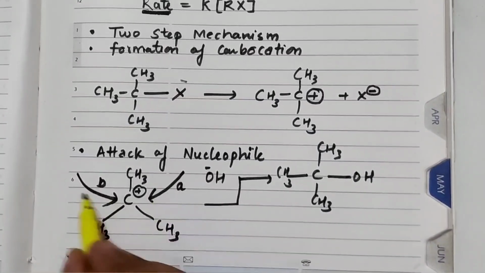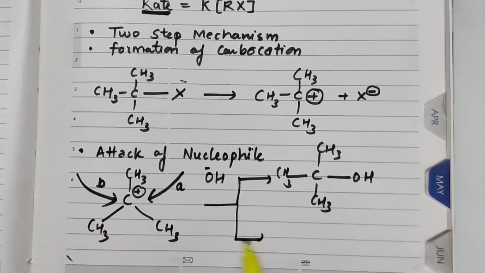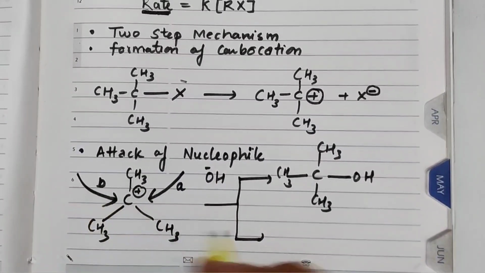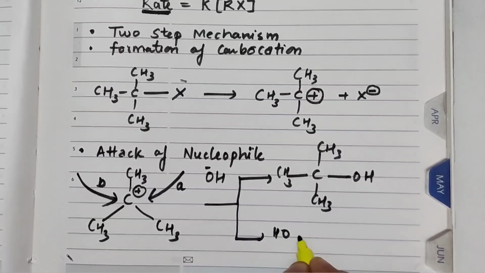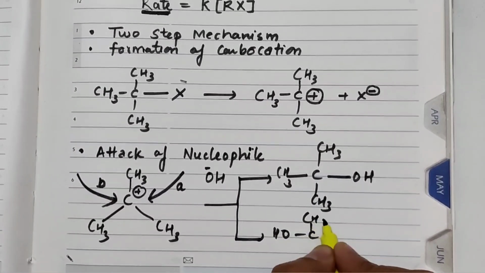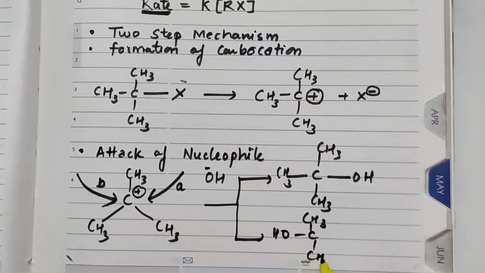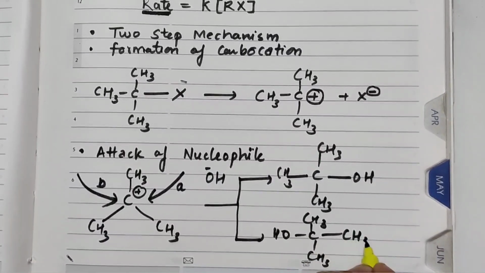And if it attacks from the B side, then OH comes from this side, and the product will be like this: OH, C, CH3, CH3 and CH3.